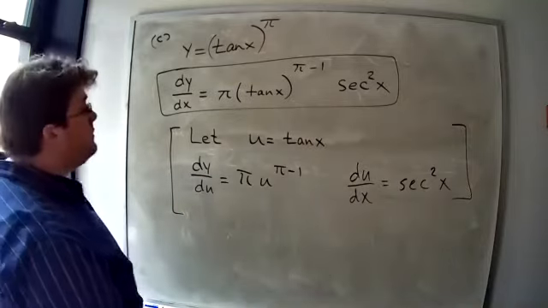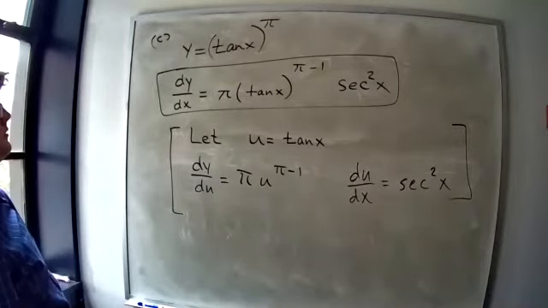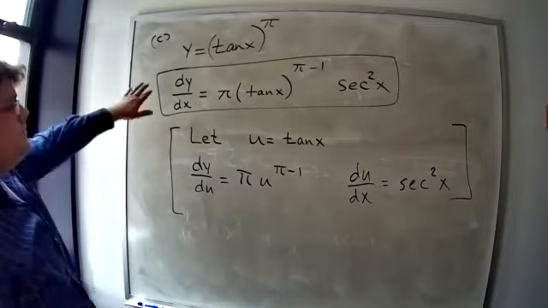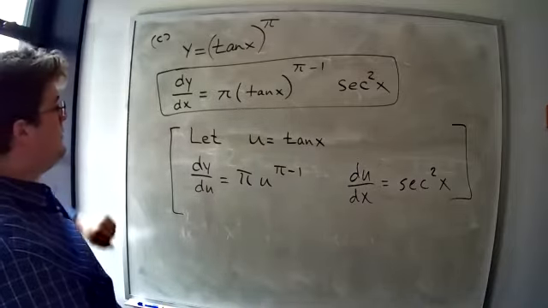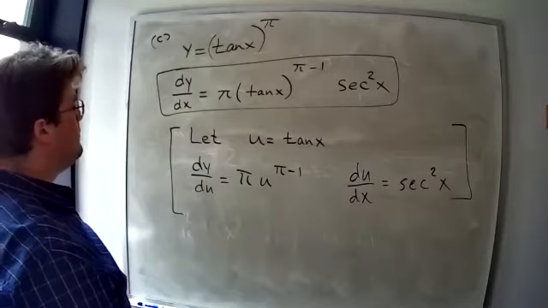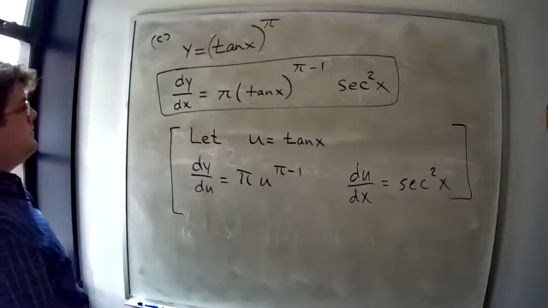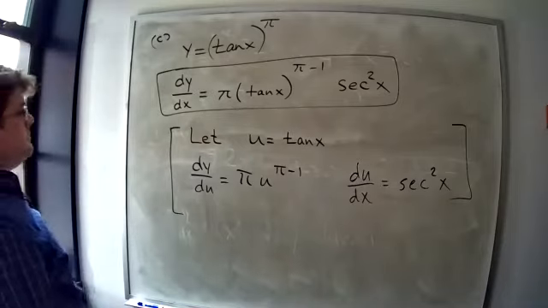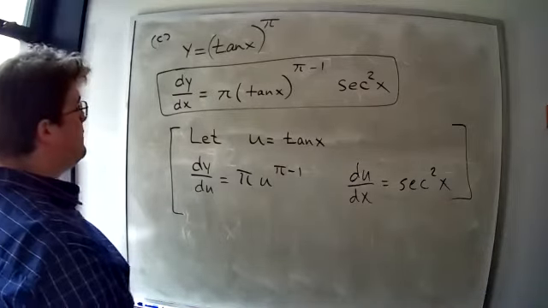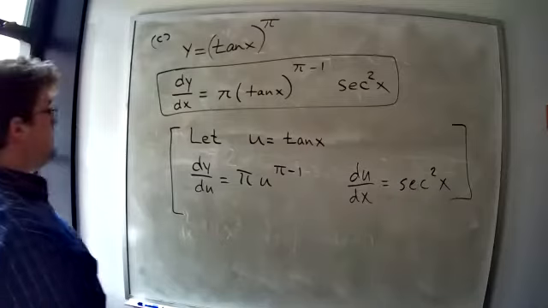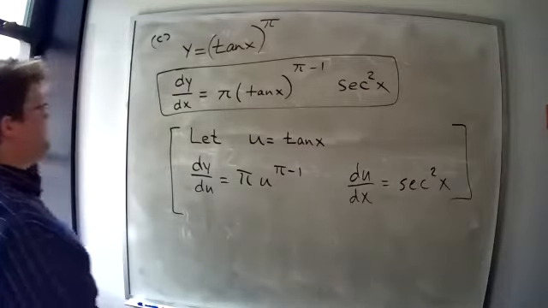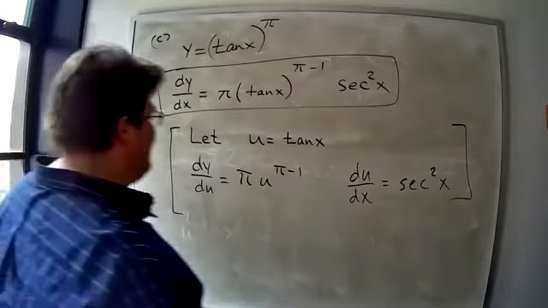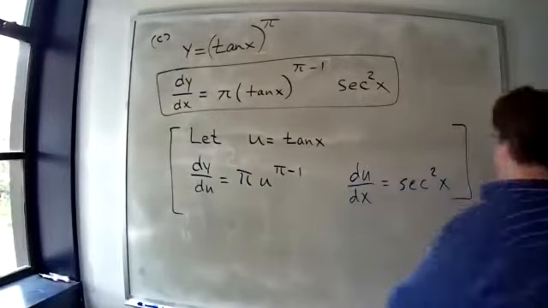So the answer is pi times tan x to the power of pi minus 1, and then times secant squared of x. Yes. Oh, cool. I agree.